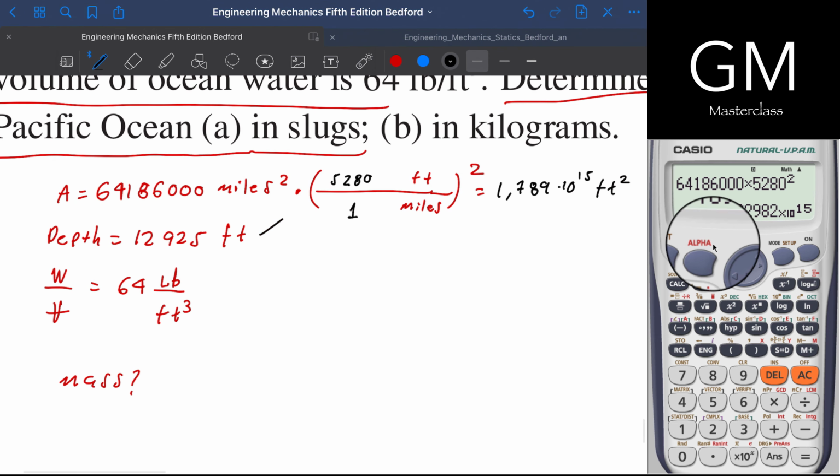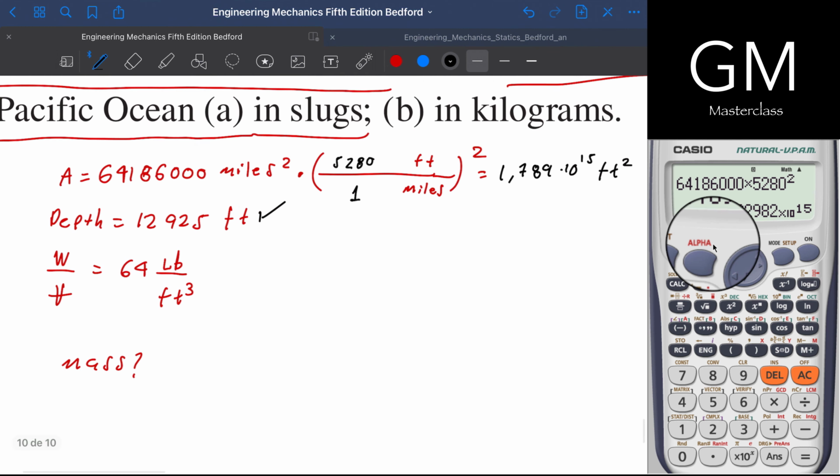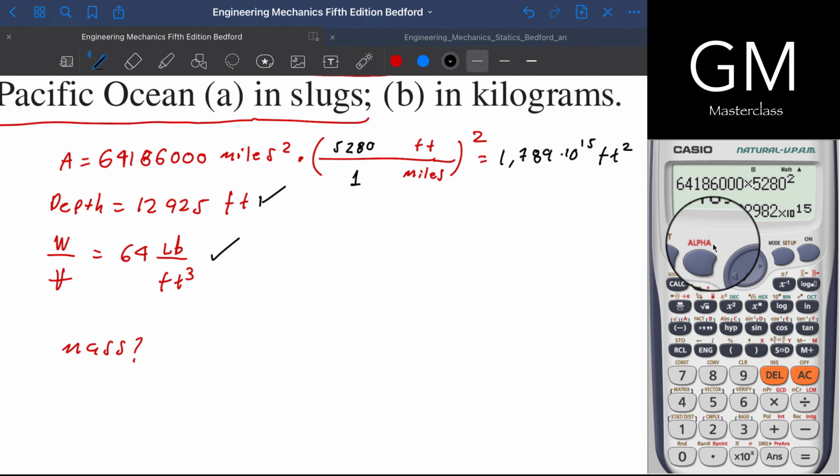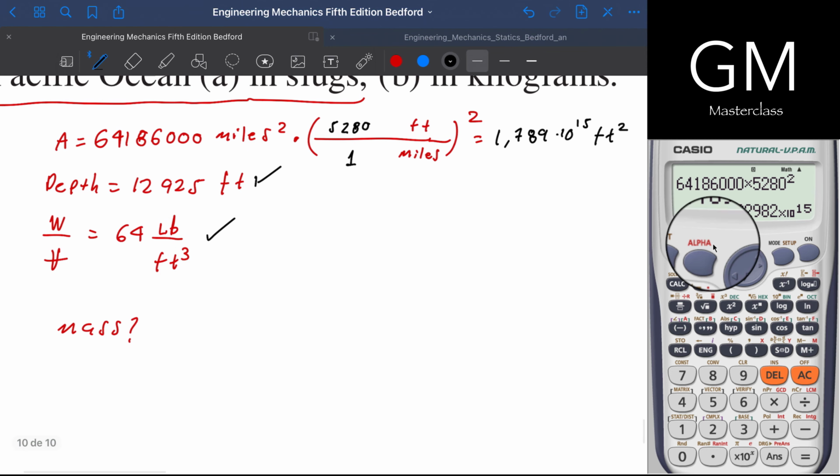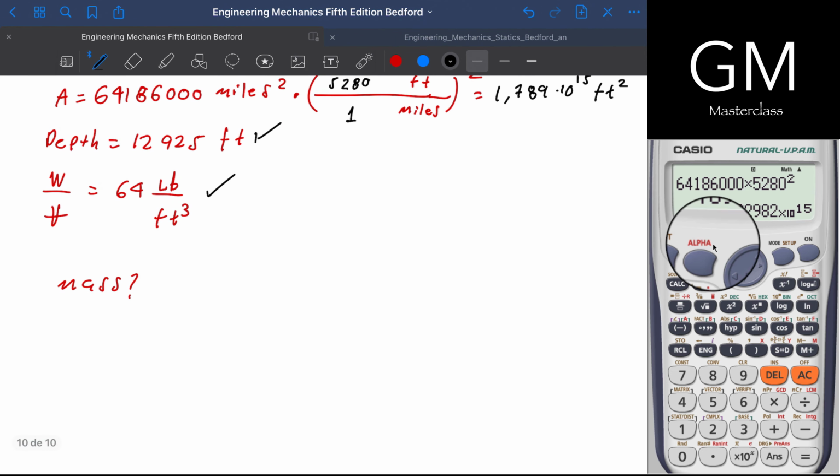I already have the depth in US customary base units. Now that I'm working with the same kind of unit system for all the data that the exercise has given to me, I can start using some different equations or some different ways to solve the exercise.